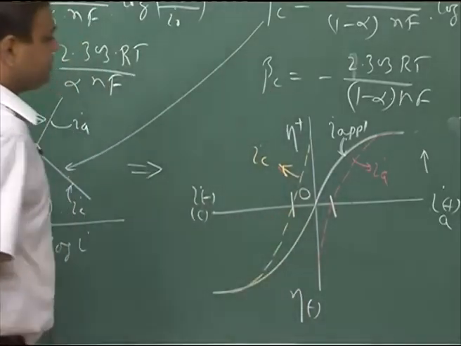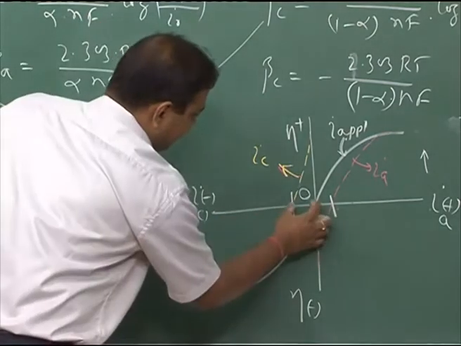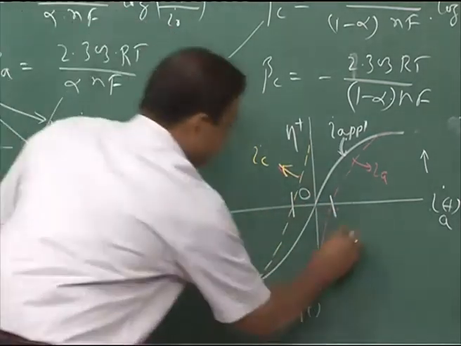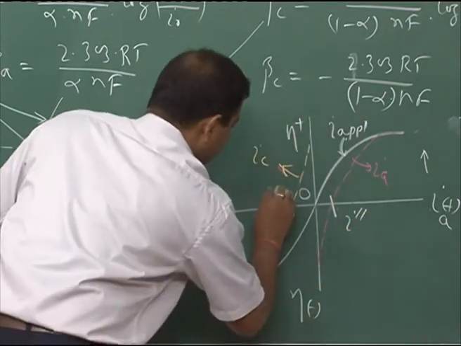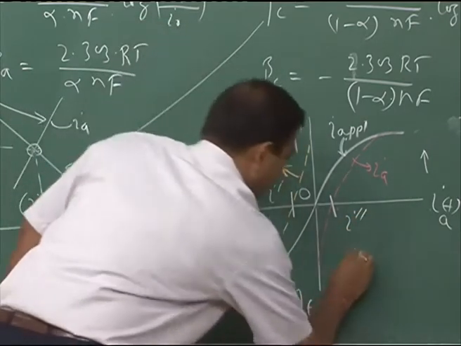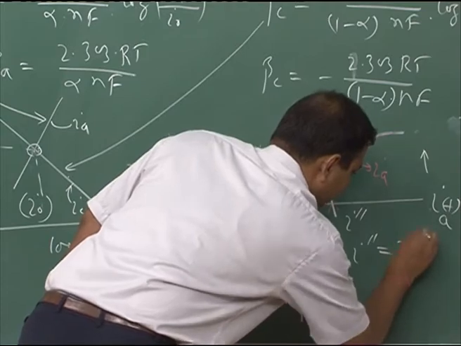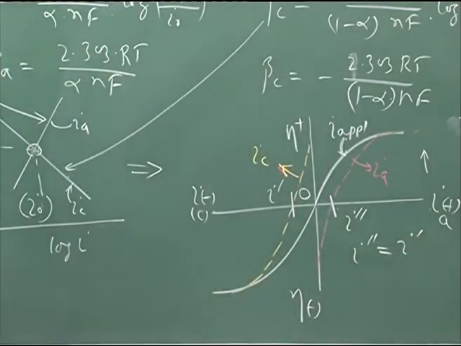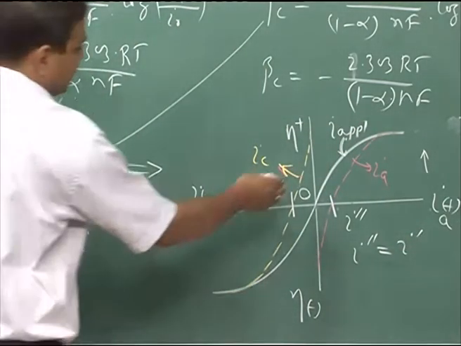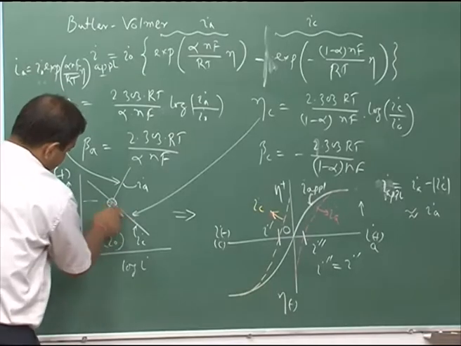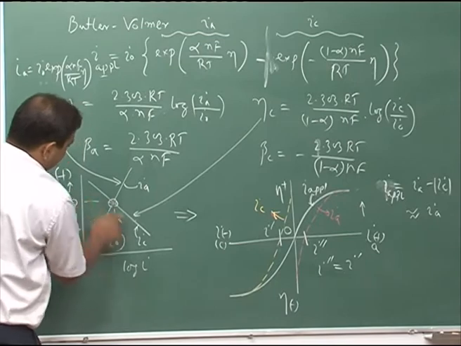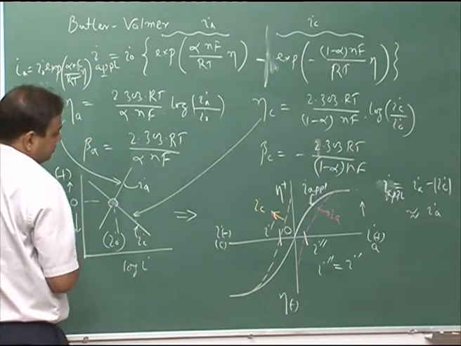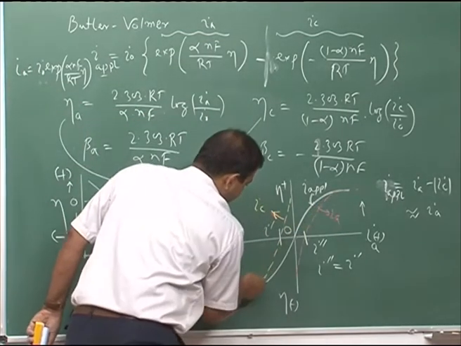If we find out the value at these 2 points, let us say this is I double prime and this is I prime. So, I double prime would be equal to I prime, and we see that in this case the IC line passes through I 0. This is my IC line.